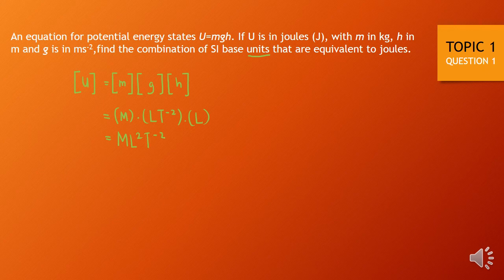Okay, so the question asks us about the unit. Therefore, we would say that the unit is mass is in kg, length is in meter, so meter square, where time is in second, so per second square. So this is our final answer.